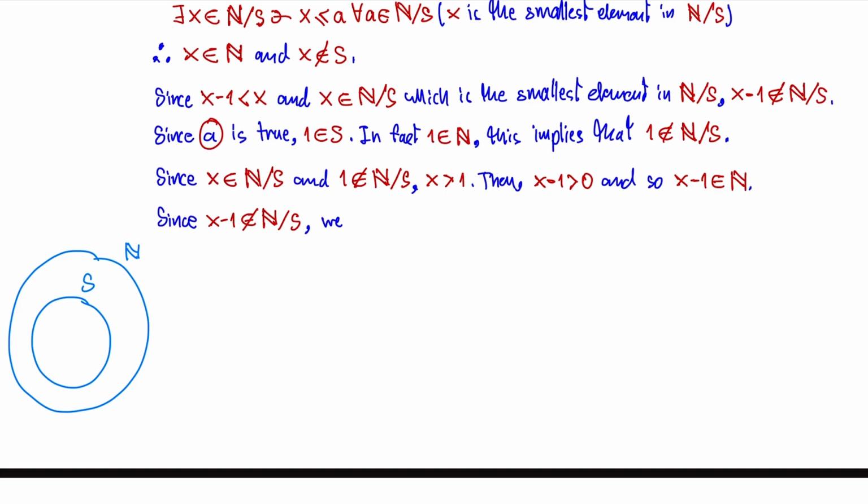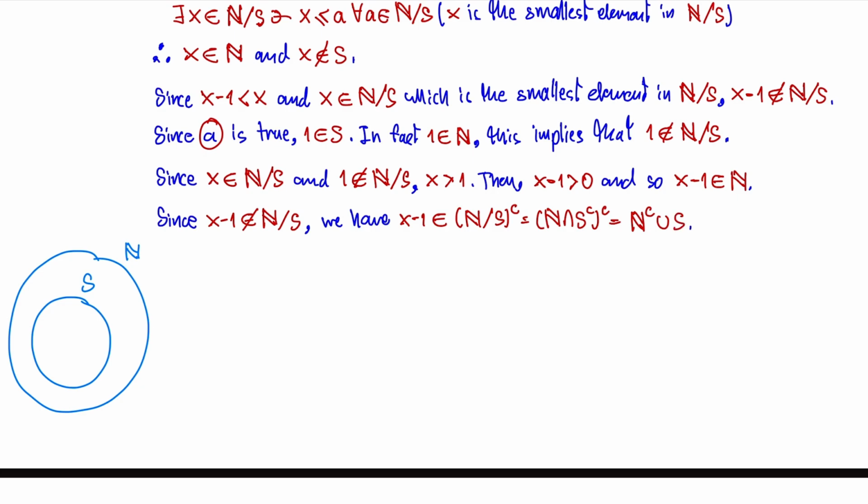When X is not in set S, this means that X minus 1 is in this set's complement. And it turns out to be the set of natural numbers intersect set S complement, and complement outside here. So we have the set of natural numbers complement union set S.